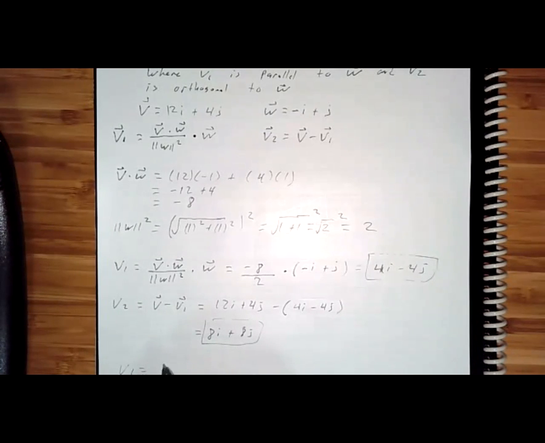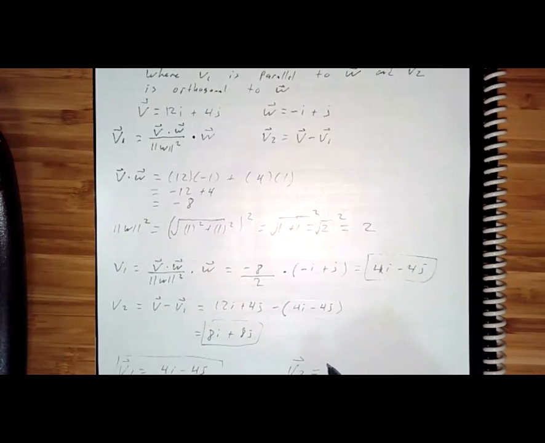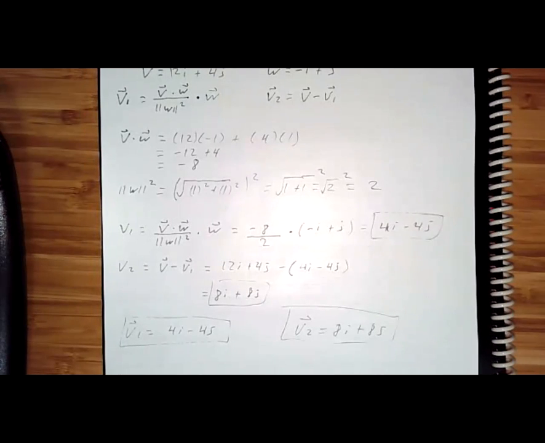V1. Also, sir, in the absolute value of the vector W, should one of those ones be a negative one?